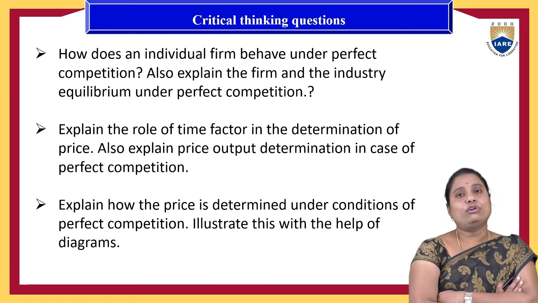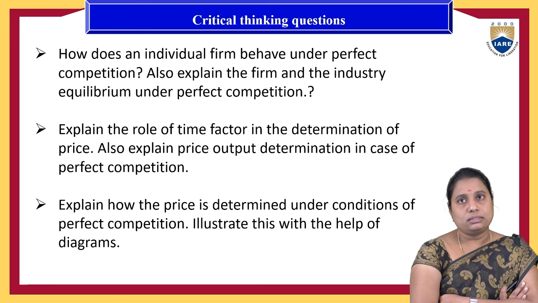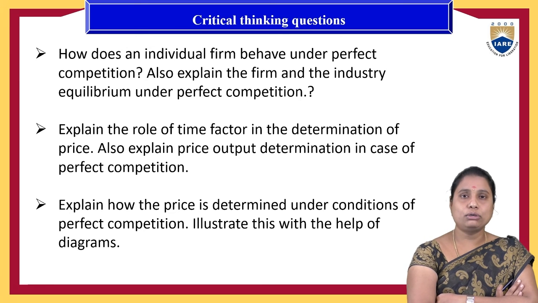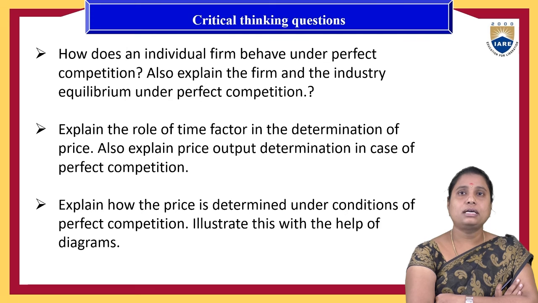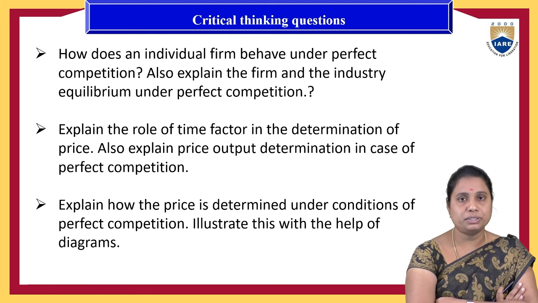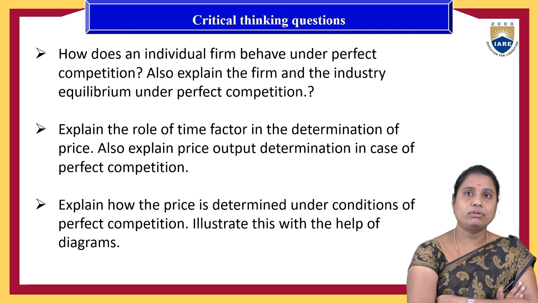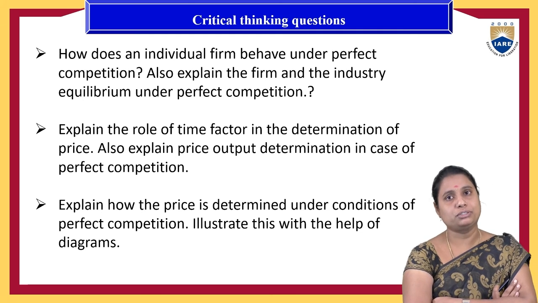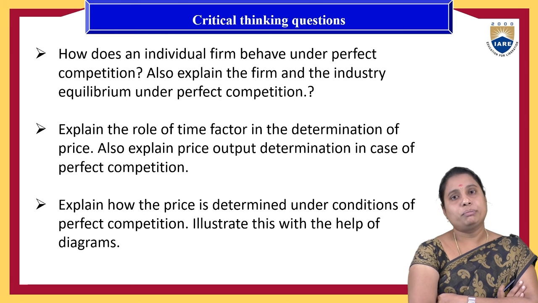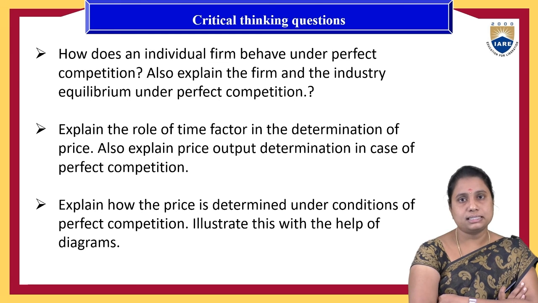So this kind of long-answer question has a chance of being asked. And in the critical thinking questions: how does an individual firm behave under perfect competition? Also explain the firm and industry equilibrium under perfect competition. So that is perfect competition at a critical thinking analysis level.